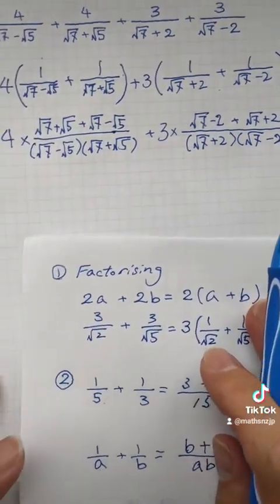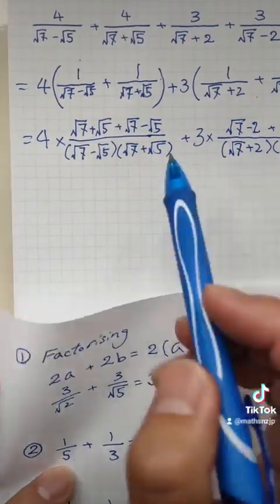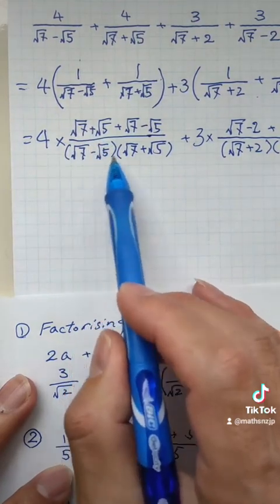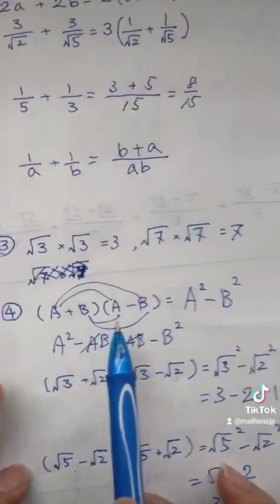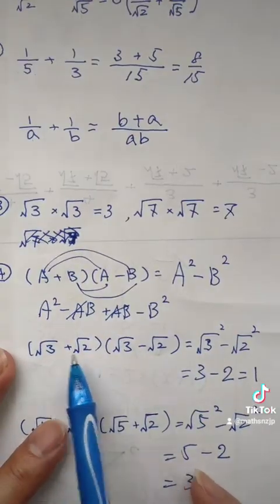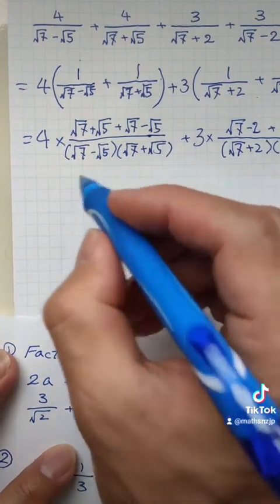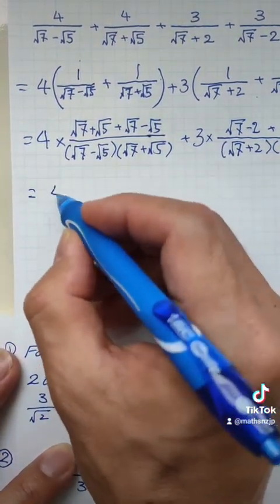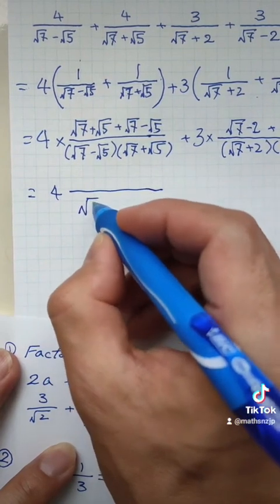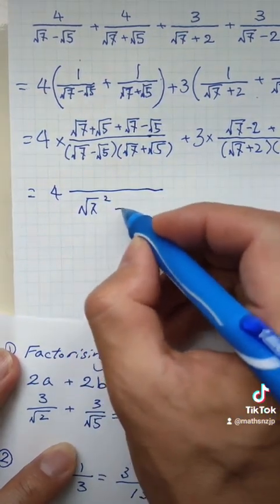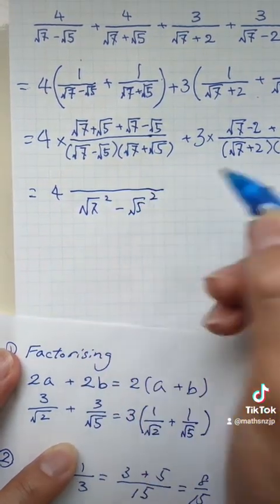Okay? Then we're focusing on here. This one is a fourth skill. So you can do this one times this one. The denominator is gonna be like this, right?